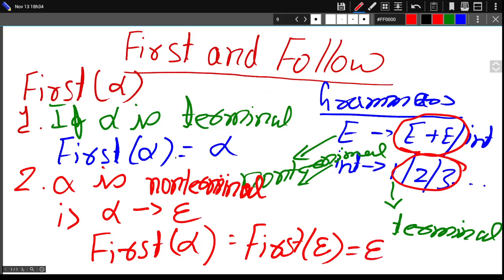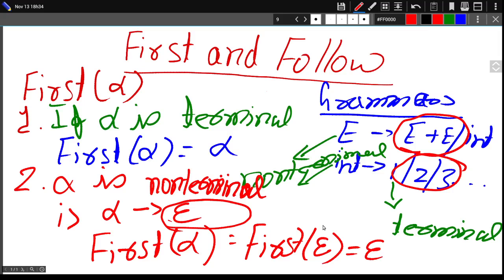Why? We have already seen first of a terminal is always a terminal only. So first of this non-terminal is first of something on the right hand side, and it is epsilon only. So first of epsilon is epsilon.